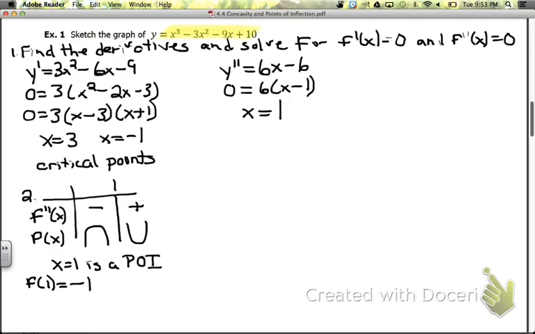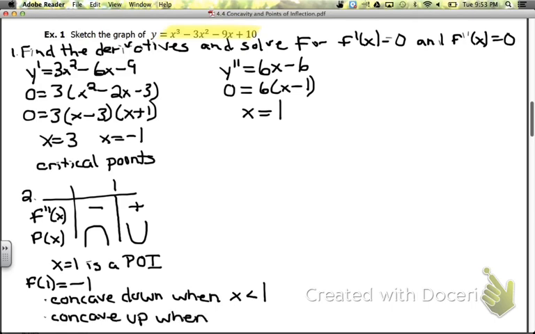So now, looking at that, I know that my function is going to be concave down when x is less than 1, and I know my function will be concave up when x is greater than 1.